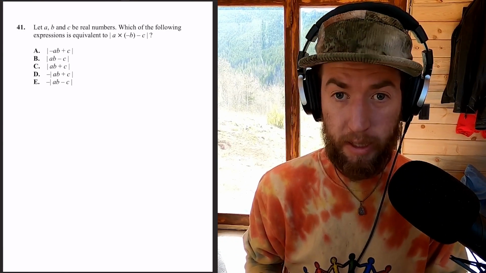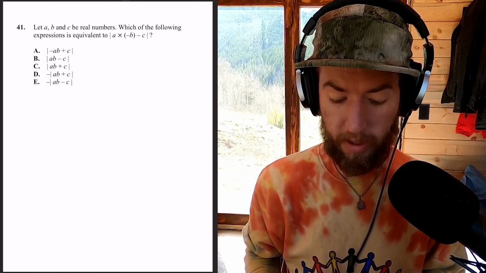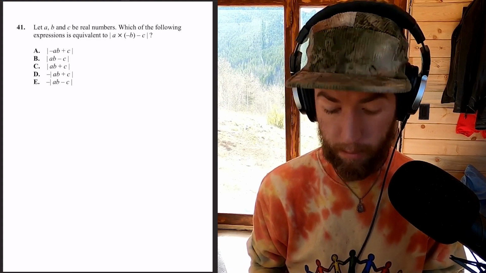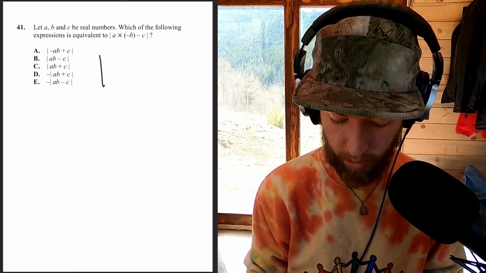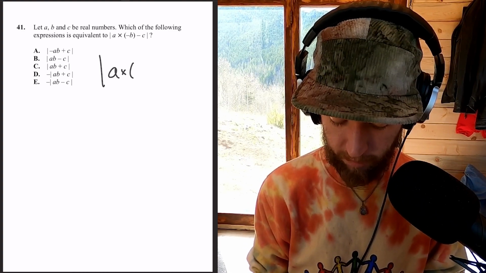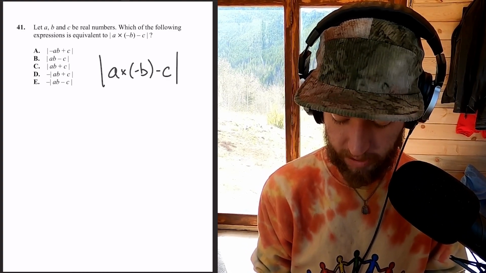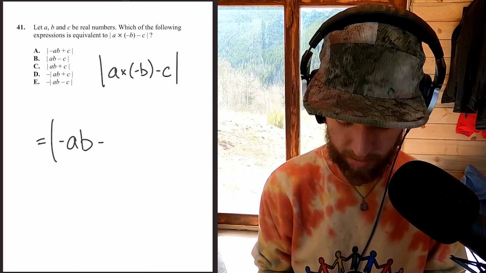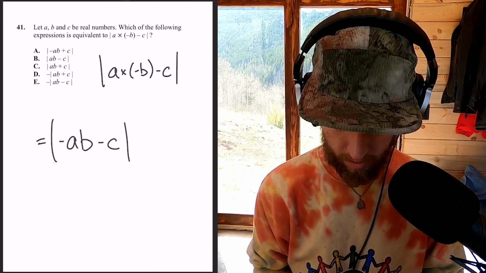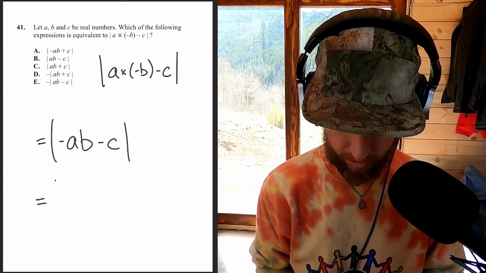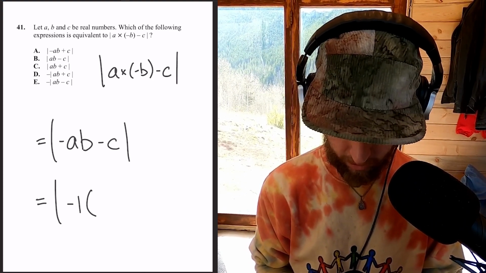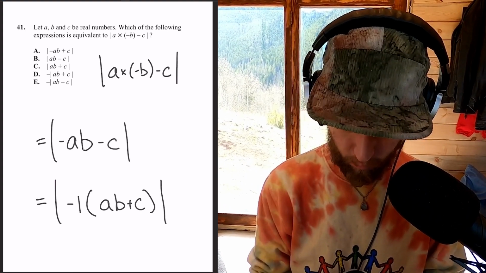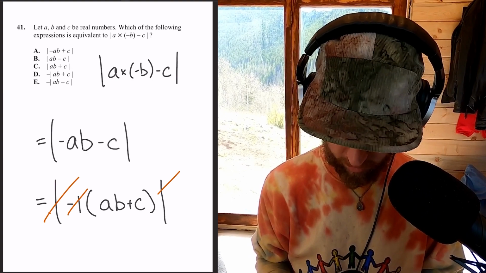All right, let A, B, and C be real numbers. Which of the following expressions is equivalent to the absolute value of A times negative B minus C? So the absolute value of A times negative B minus C is equal to the absolute value of negative AB minus C, which is basically, we can factor a negative 1 out of that, and it's positive AB plus C. And then that negative 1 just gets nixed by the absolute value signs.